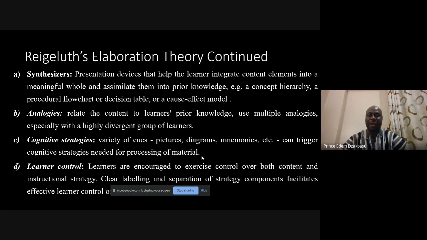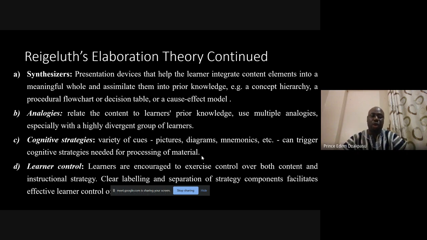For example, a concept hierarchy or a procedural flowchart or a decision table or a cause and effect model, so that a synthesizer is like a presentation that would help our learners, a presentation that may be in the form of a diagram, that may be in the form of a flow chart, that may be in the form of a decision table, that will help our learners to be able to integrate content elements into a meaningful whole in order to be able to assimilate them.